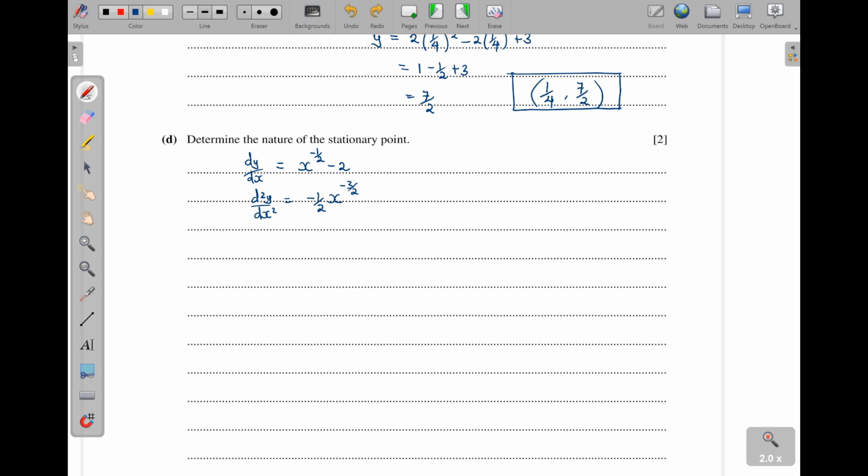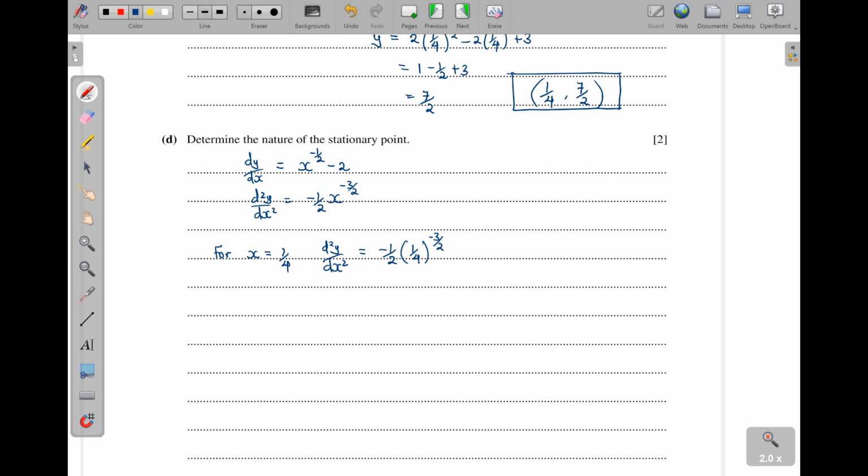Now, for the x-coordinate of the stationary point we have gotten as a quarter, what will be the sign of this second derivative? So we shall have negative a half into a quarter, then to the power negative 3 over 2.